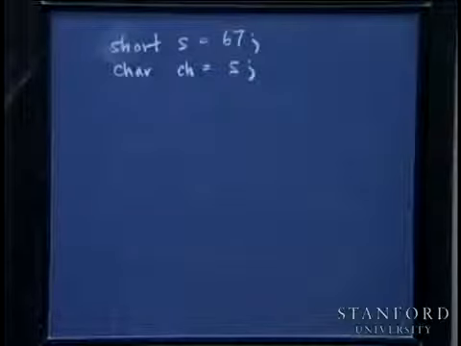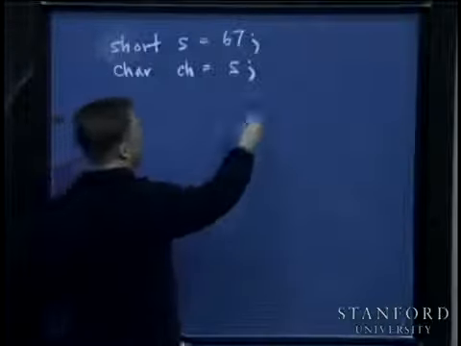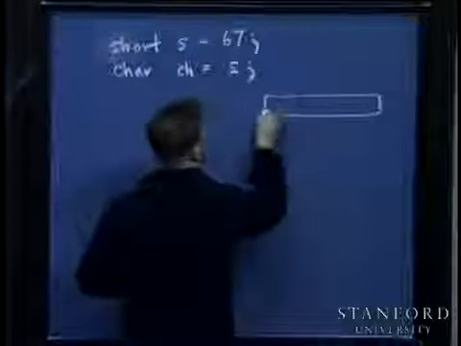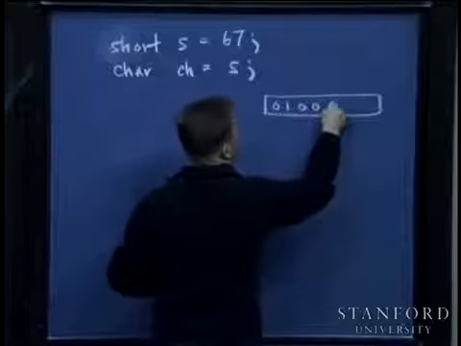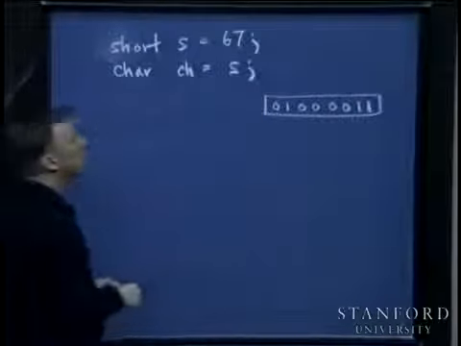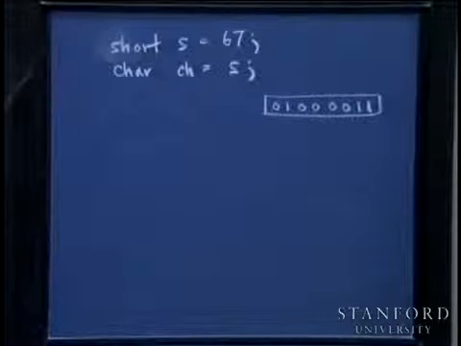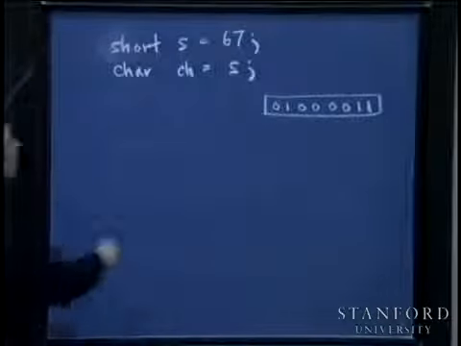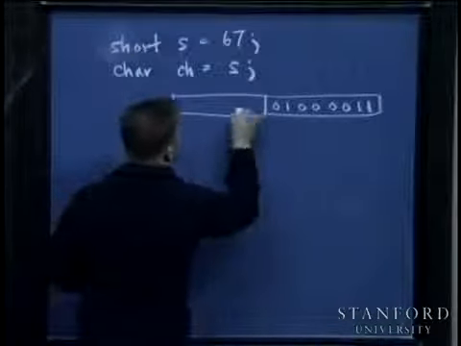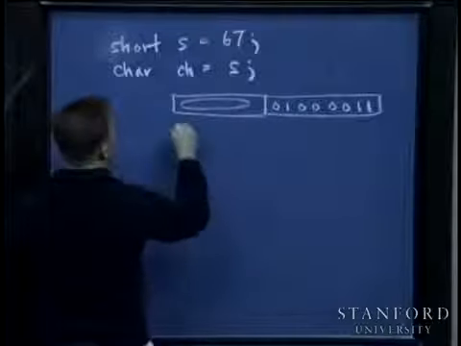It compiles, there's no casts needed. As far as how the 67 is laid down, it's 0, 1, 0, 0, 0, 0, 1, 1. It's 2 more than 65, obviously. It has an extra byte of all zeros, and this is S.